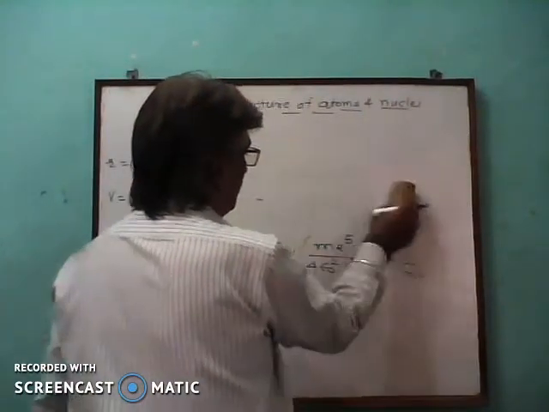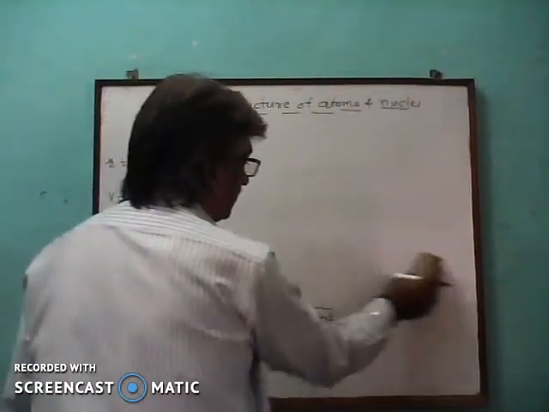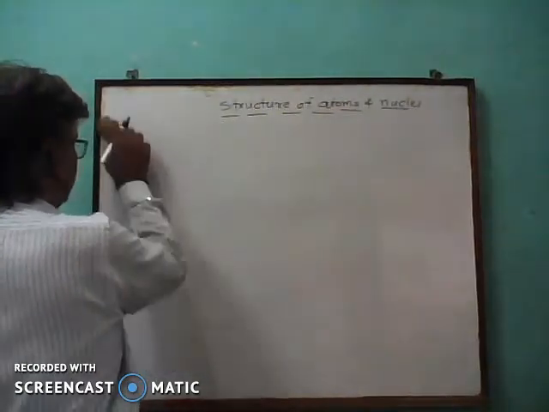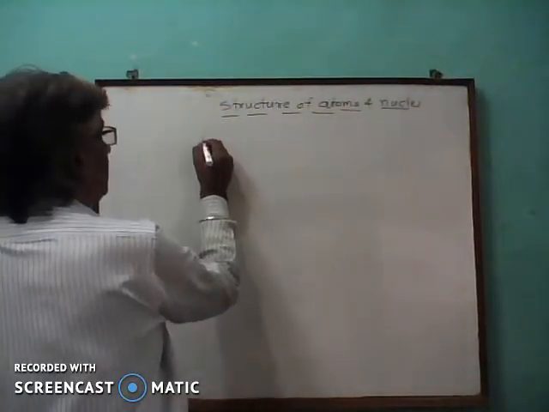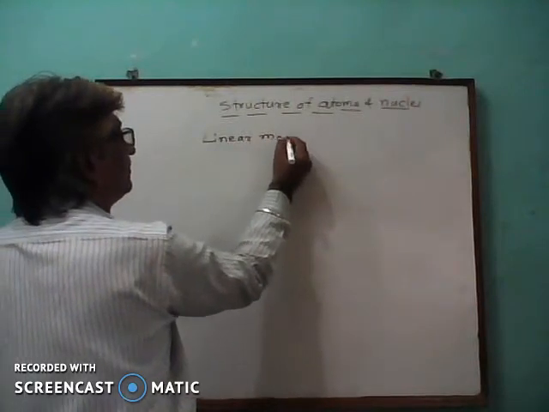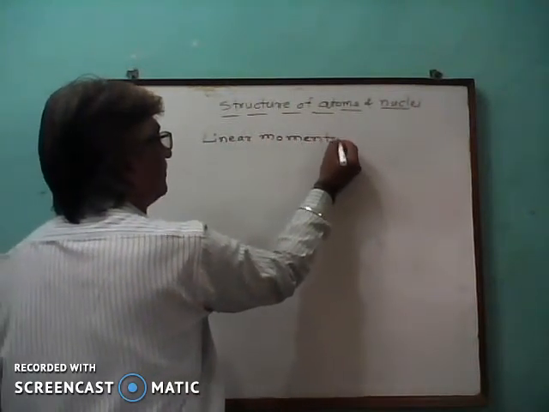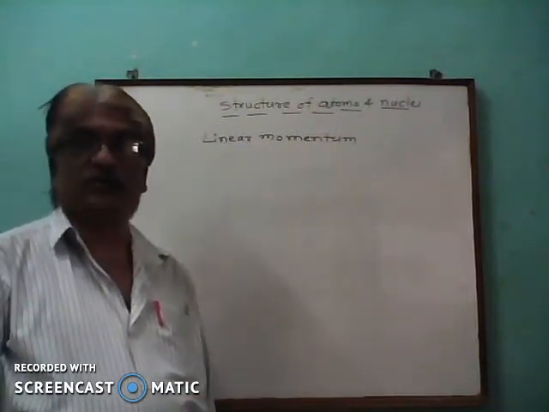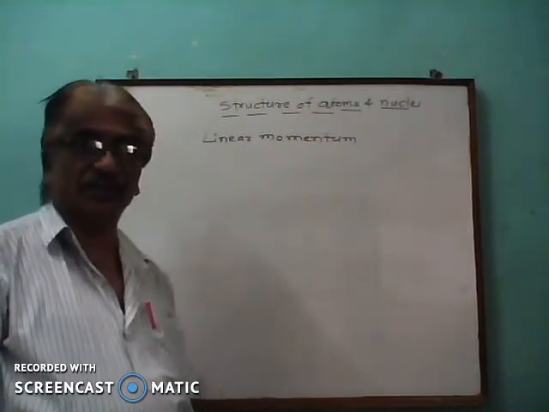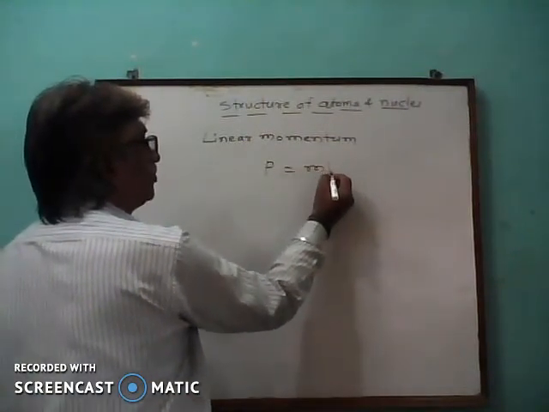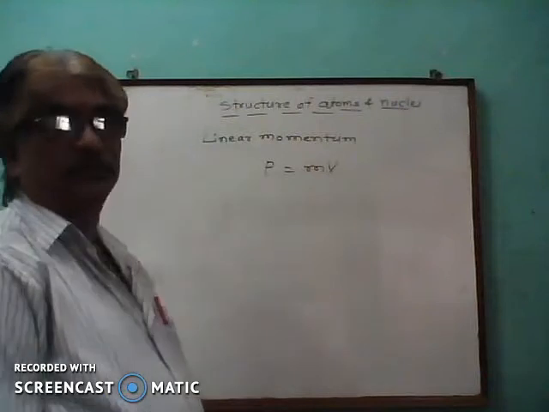Next topic, another term to find, that is linear momentum. We know that linear momentum is the product of mass and linear velocity, means P is equal to mass into velocity of electron.